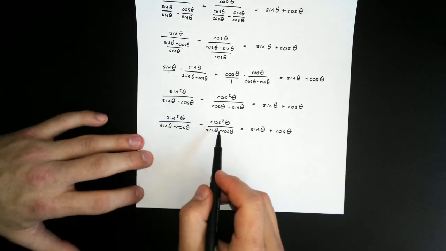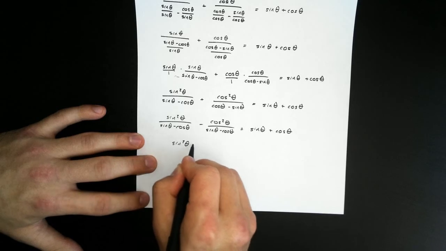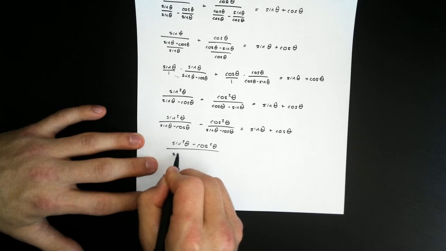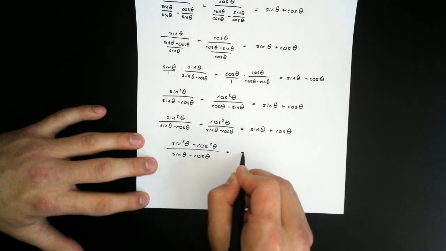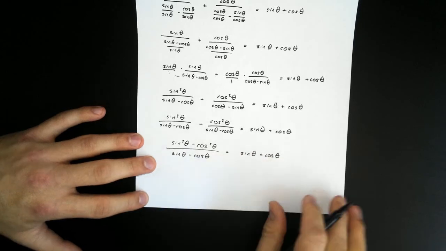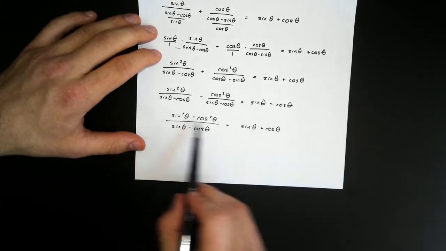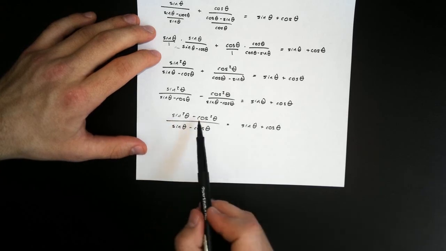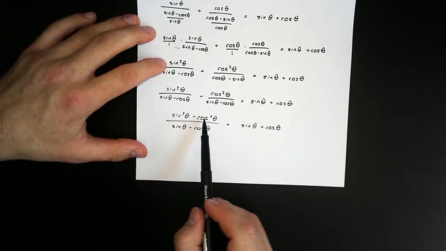So now we can combine these together, and we end up with sine squared of theta minus cosine squared over sine minus cosine. So we're almost there. Sine squared minus cosine squared, that's not the Pythagorean identity, but we can actually factor this.